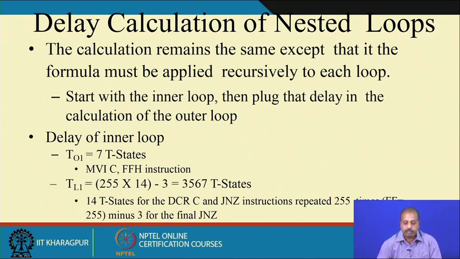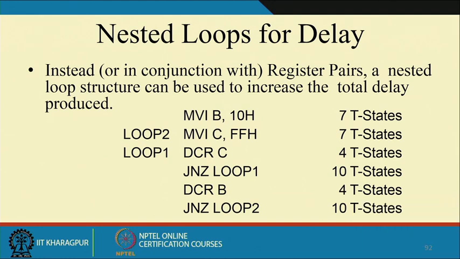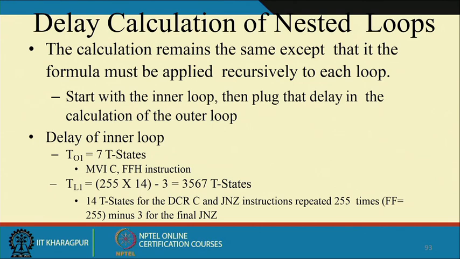So, if we look into the previous program, this inner loop, that is DCR C, then JNZ loop 1, etc., will take a number of clock cycles. So, TO1, for the inner loop, is the MVI C, FF hex, that is the C register initialization instruction, that takes 7 states.